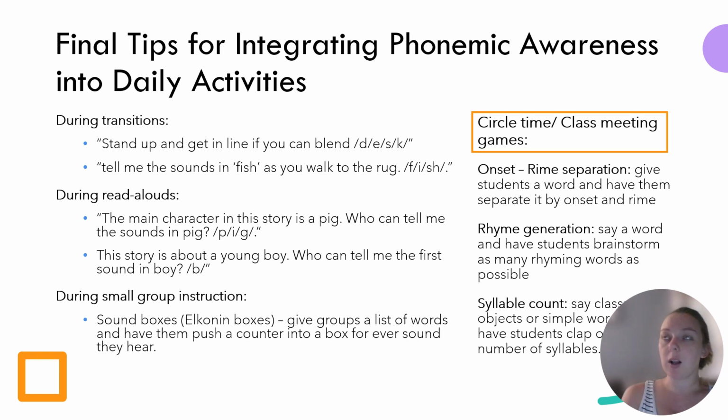Or you could give the class a word, something found in the classroom, like a pencil, pencil. That's 2 syllables. And these are just easy, fun activities that you can do with your students every day at circle time, just to be reviewing the skills that you've taught them.